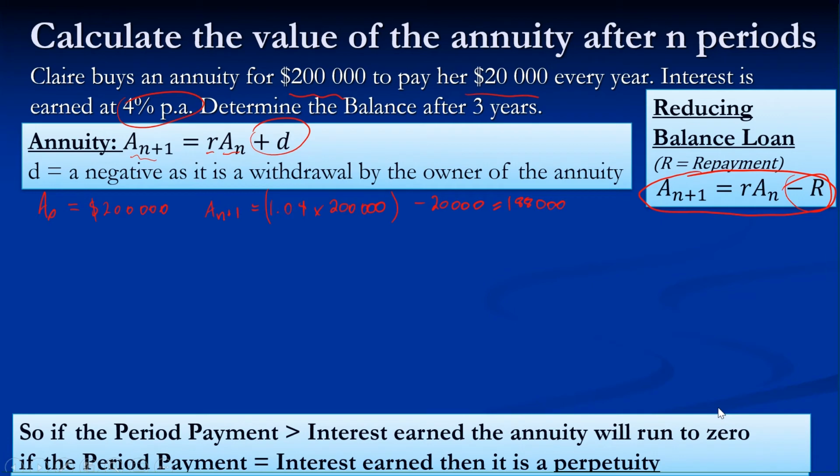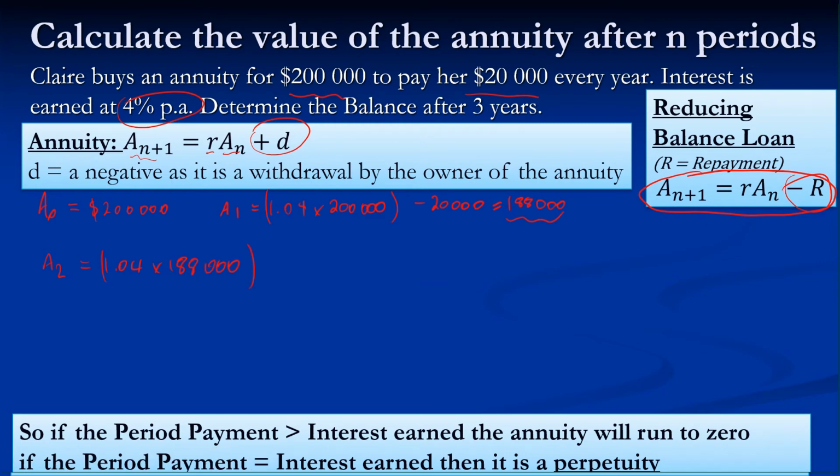Now it's always good to keep that number in your calculator. If A0 is that, we'll call this A1 here. So let's have a look now at what A2 should equal. A2 is just this growth rate, which is 1.04, multiplied by A1, which is 188,000.